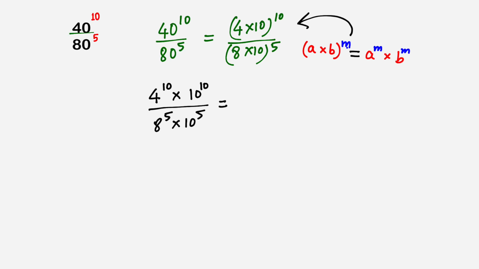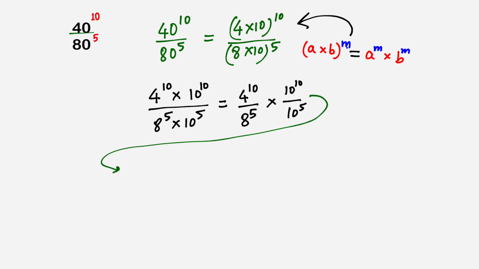Now we can write it as 4 raised to the power 10 divided by 8 raised to the power 5, and that is multiplied by 10 raised to the power 10 divided by 10 raised to the power 5. Now from this expression, instead of 4 we can write 2 raised to the power 2, 2 2s are 4, and the whole expression is raised to the power 10, divided by 2 raised to the power 3.